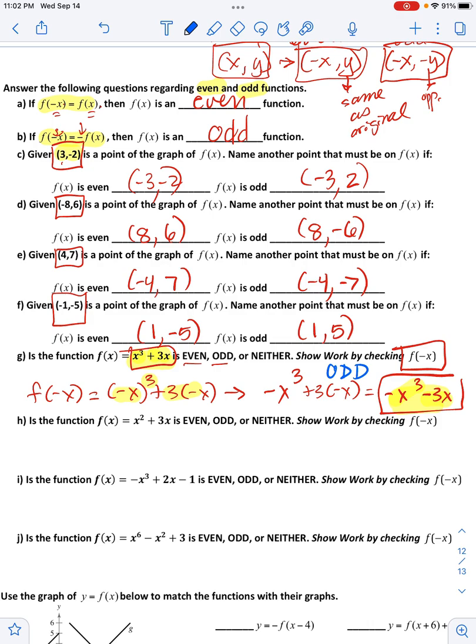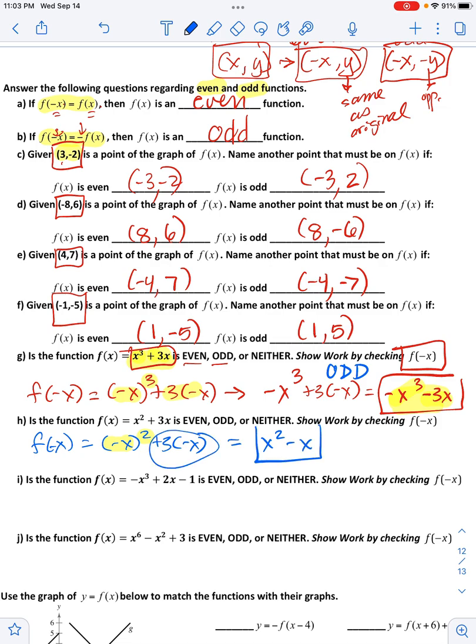Here I'm going to do the same thing. This is a slightly different function, but I'm still going to plug in a negative x. That's what you do every single time that you are trying to test for even, odd, or neither. So here I have a negative squared, so that's going to be a positive. And then I'd have positive 3 times negative x, so minus 3x.